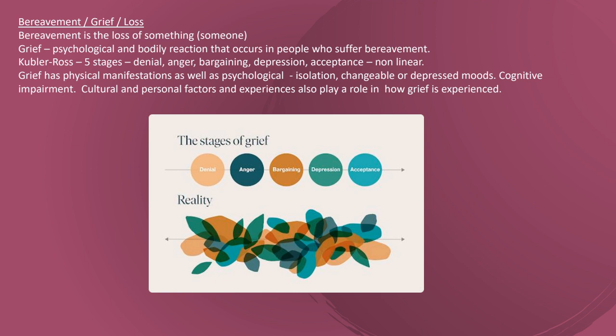The first one is denial that someone has died, then anger, bargaining, depression, and then acceptance. It's usually non-linear. Any of those stages can happen at any time, but generally the 5 things are seen in somebody who is experiencing grief. Grief also has physical manifestations as well as psychological, can impact on our cognition, and cultural and personal factors can impact on how grief is experienced.